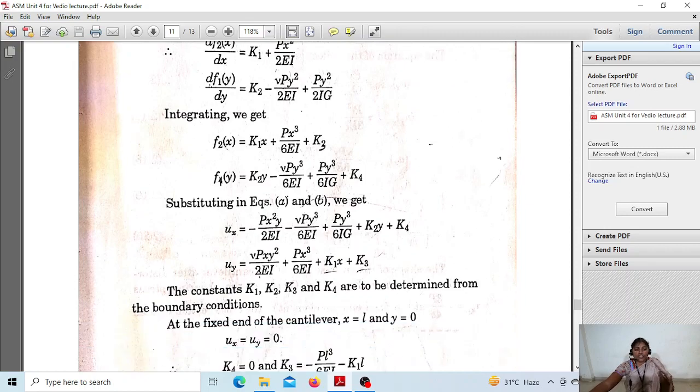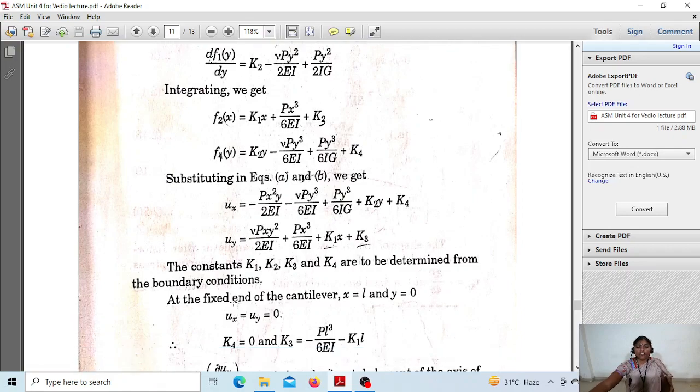Similarly, uy is equal to nu pxy square by 2EI plus px cube by 6EI plus k1x plus k3. The constants k1, k2, k3 and k4 are again determined by our boundary conditions.